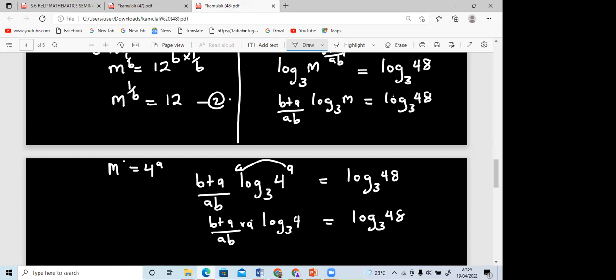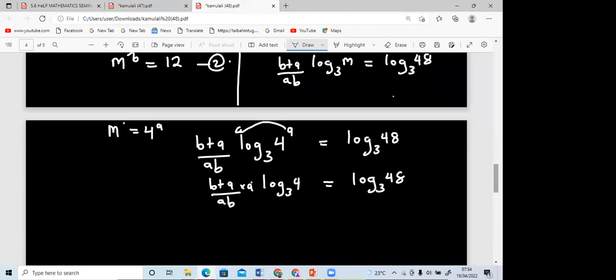So this a and the a we have down here are going to reduce. Sorry, a has reduced, so we shall have (b plus a) out of b, then log base 3 of 4 is equal to log base 3 of 48. So that is now done.